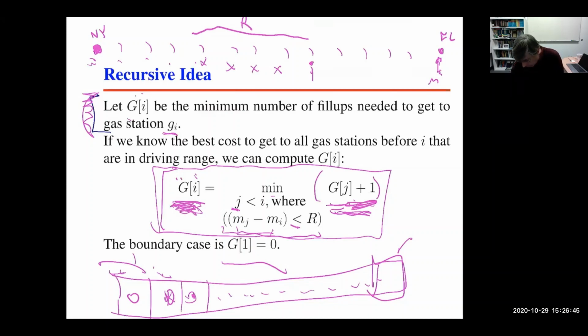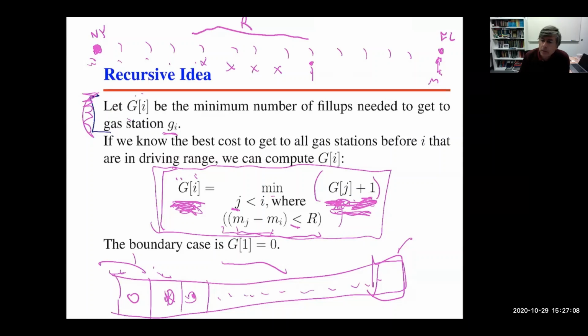This is the cost of the stop. This is how many stops it took to get to that previous station. So if I knew that getting to J, I made a total of 3 stops, and I'm now going to stop at station I, I'm going to be paying 3 + 1 stops.